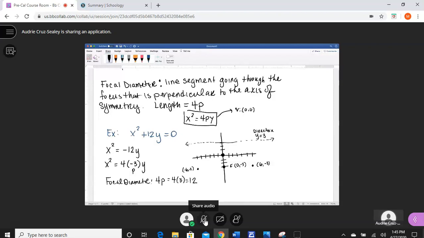And there are 2 more points on your parabola. This right here is your focal diameter. It is 12 units long. So it's just telling you how long that's supposed to be, and then it gives you 2 more points on the parabola. Okay, now I'm ready. Any questions?